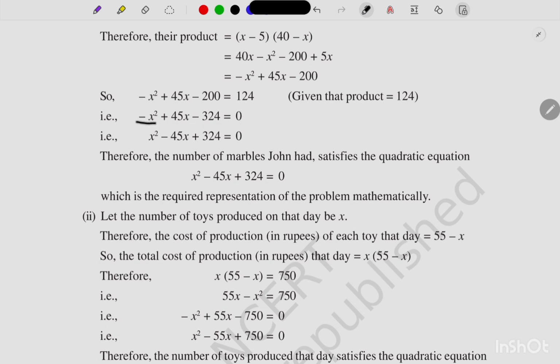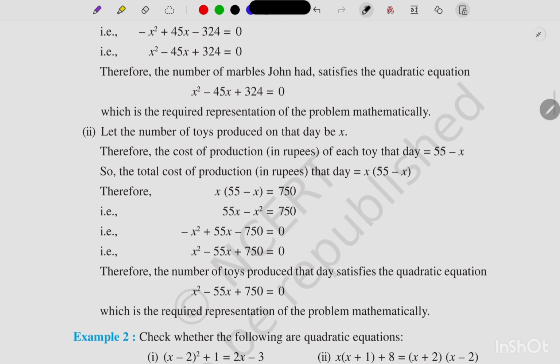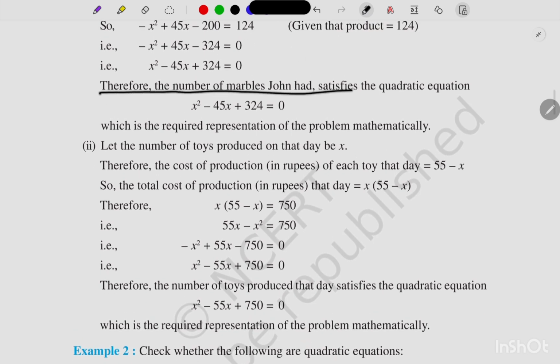Minus x square multiplied by minus 1 is x square, plus 45x multiplied by minus 1 is minus 45x, minus 324 multiplied by minus 1 is plus 324. 0 multiplied by minus 1 is 0. This is how they got this. Therefore, the number of marbles John had satisfies this equation.